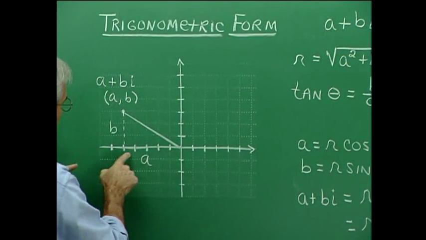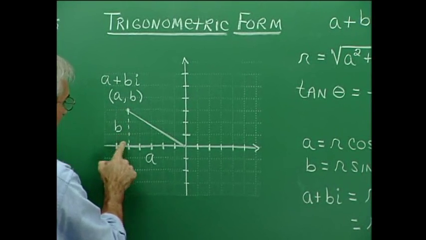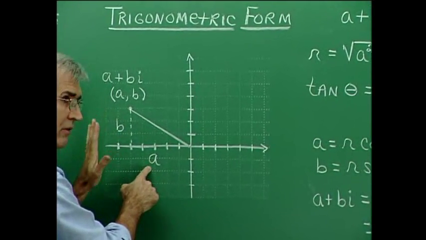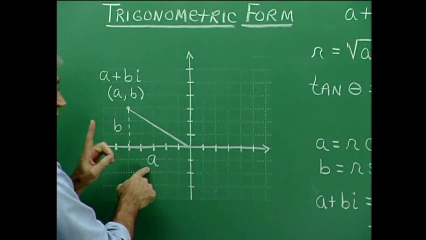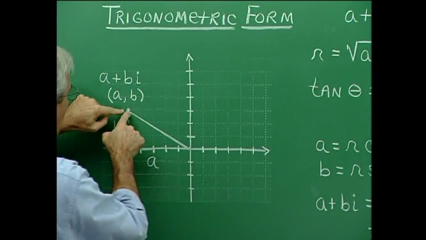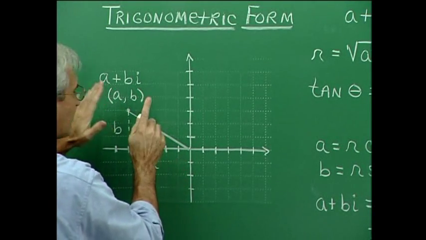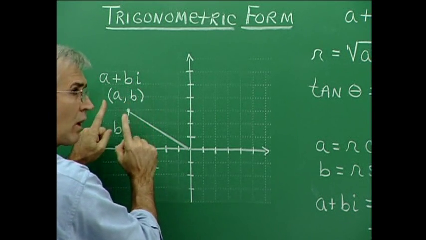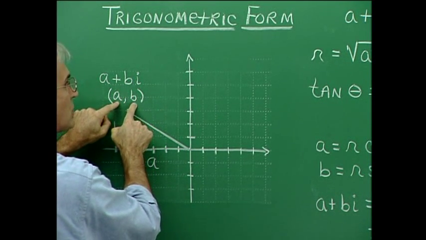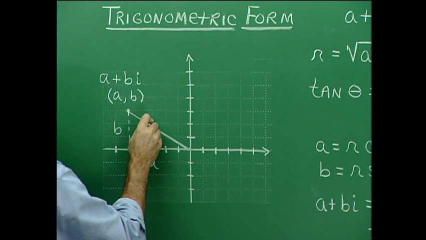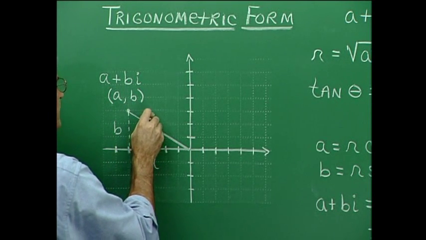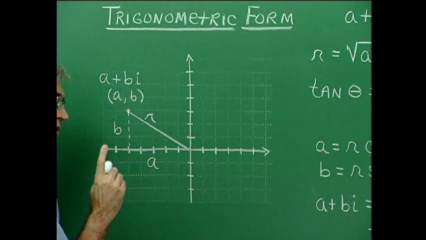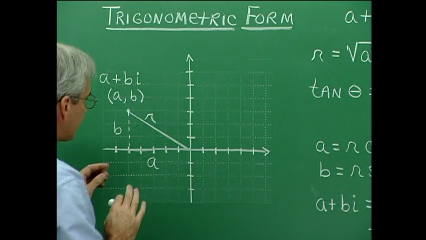Now, this distance would be a and that distance b. a would be negative, but that's not terribly important at the moment. Now, to find this distance, we know that it's the absolute value of this, which is the square root of a squared plus b squared. All right, that's fine. And we're going to call this distance r. And we'll calculate it in just a second.